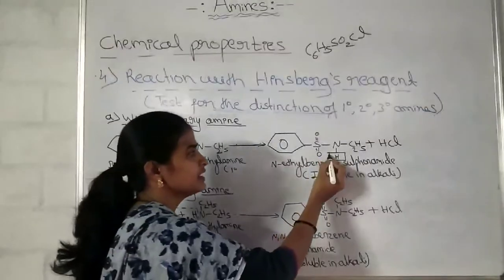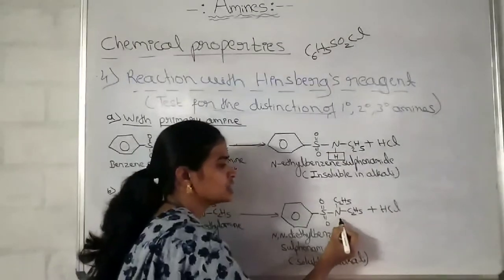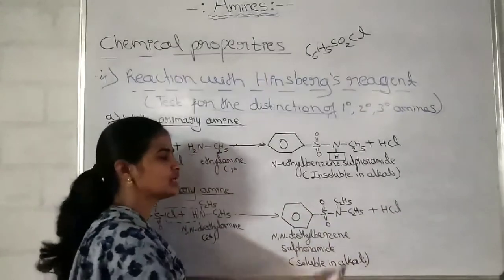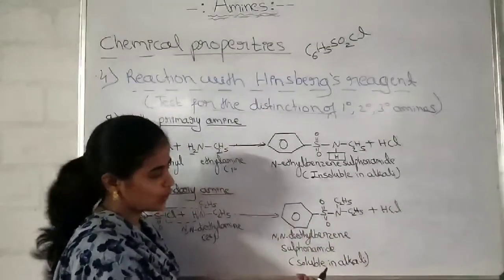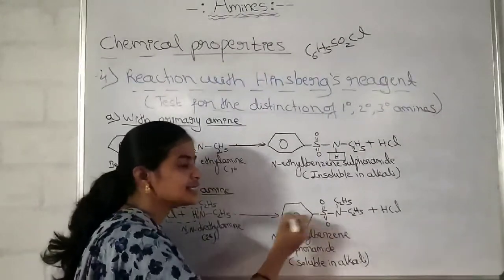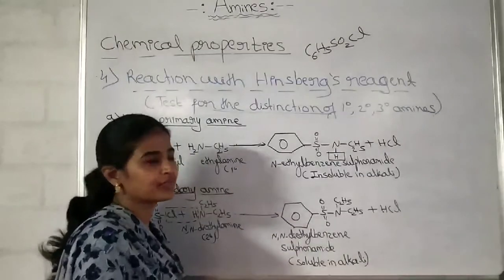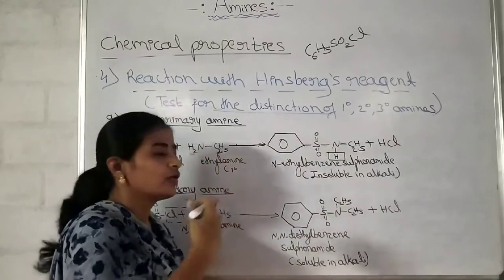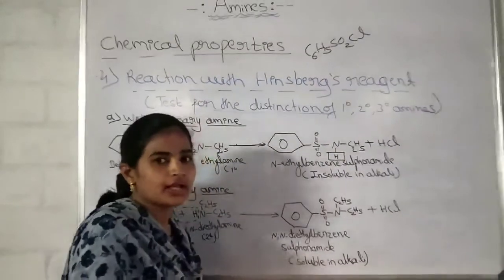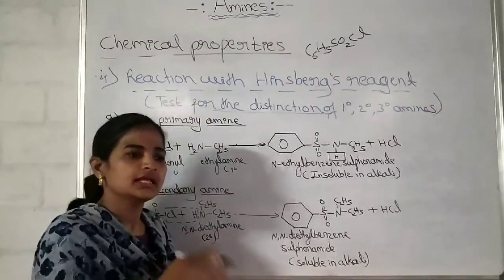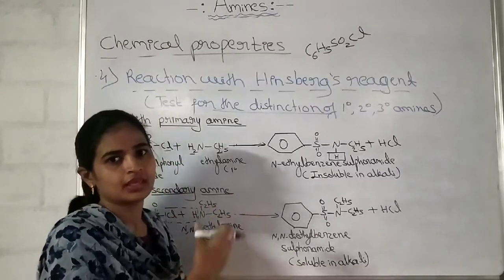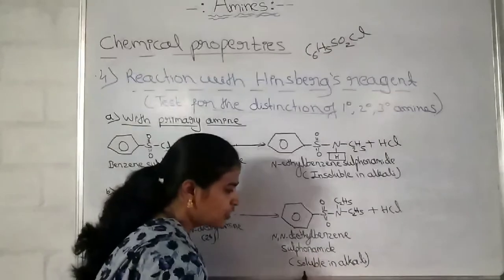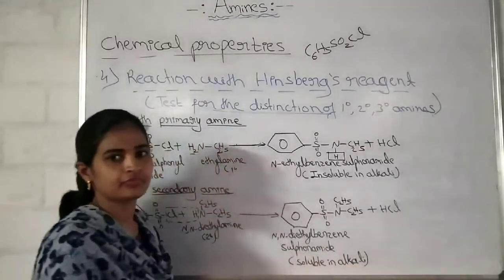You just observe there is no active hydrogen atom, no hydrogen atom directly attached to the nitrogen atom. Therefore, it is not acidic in nature, unlike the previous product. Therefore, when you add that product into the base, it gets dissolved. It is soluble in alkali.